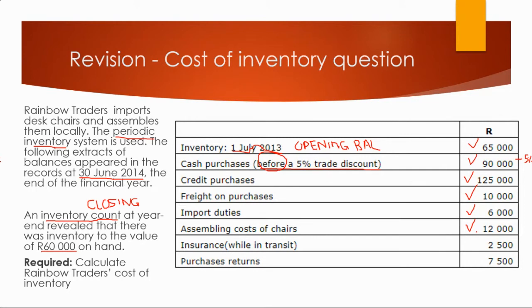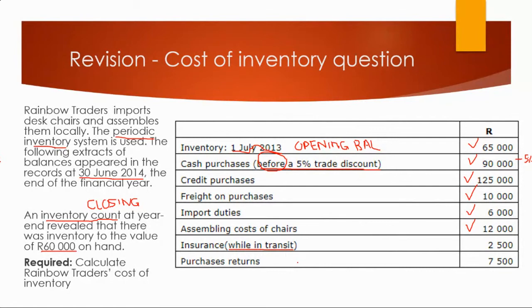Okay, insurance while in transit. So this is the insurance we paid while we were busy transporting the raw materials to our location. Would we include that? Yes or no? Okay, so let me repeat what I said. This is insurance that we paid while our raw materials were still being transported to our premises.